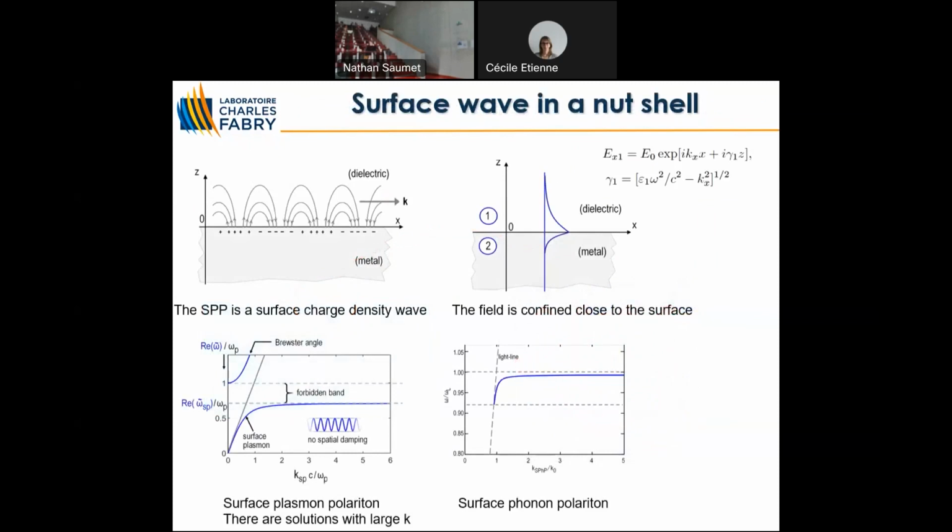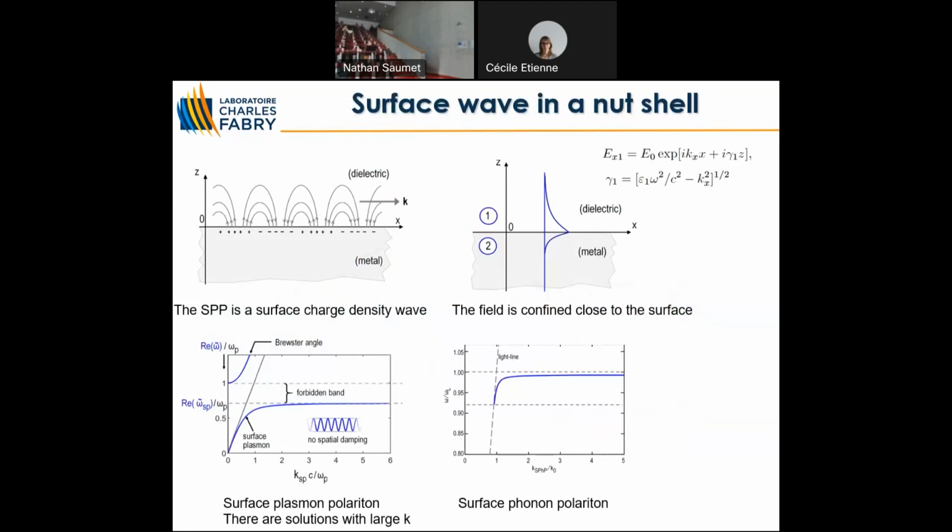A different way of explaining that is to introduce the concept of surface waves. So essentially what I'm going to do is repeat the same story, but in Fourier space. So instead of saying I have a dipole at a given point, now I analyze the currents in Fourier space.